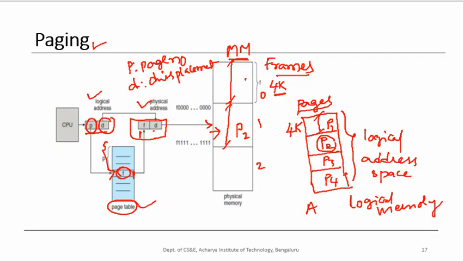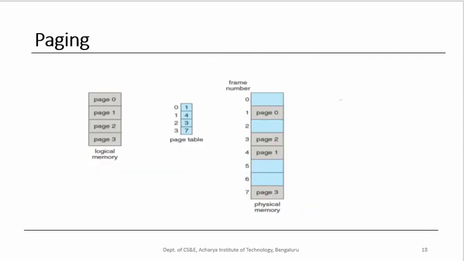Let's take an example and see how paging actually works in detail. Let's look at this example here. This represents main memory.